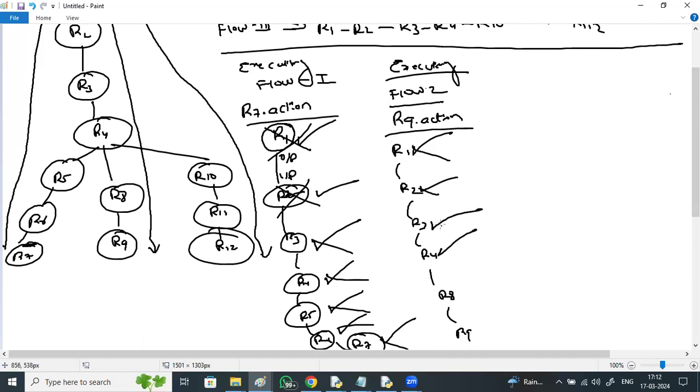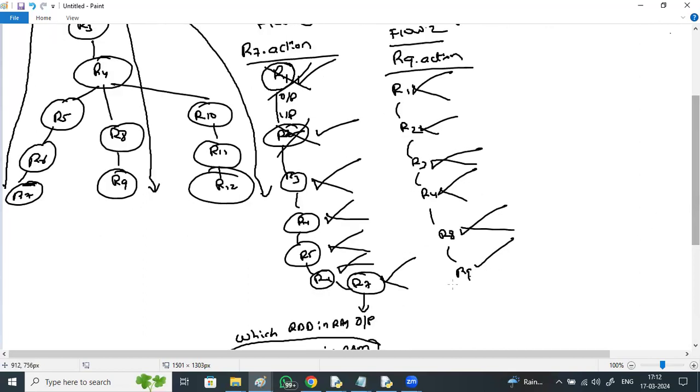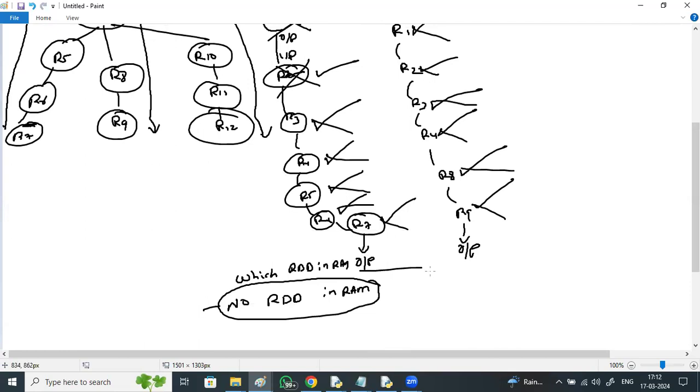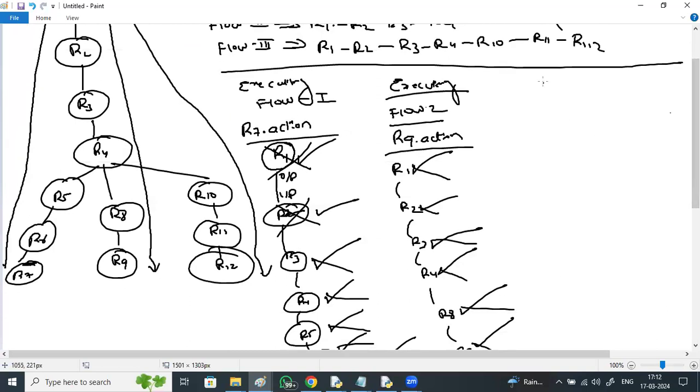R4 gets loaded, immediately R3 gets removed. R8 is ready and R4 gets removed. When R9 is ready, R8 gets removed. When the entire output is collected, R9 is also removed. Now which RTD is in the RAM? No RTDs are in the RAM. Similarly, executing flow 3.